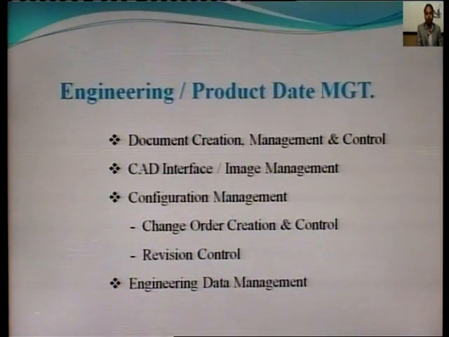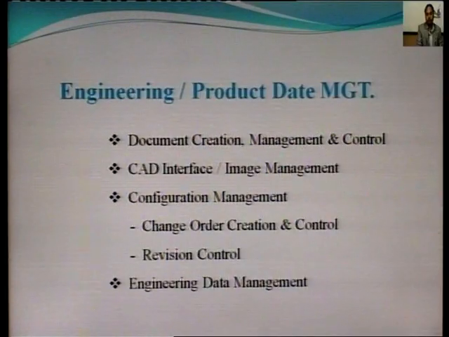Engineering, these are the different departments of an ERP system. The engineering department is the first department. Document creation. In this department, the blueprint of the product is created, and management and control is also provided to those documents.